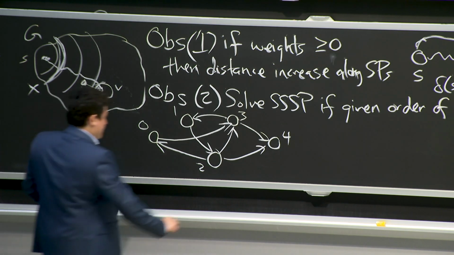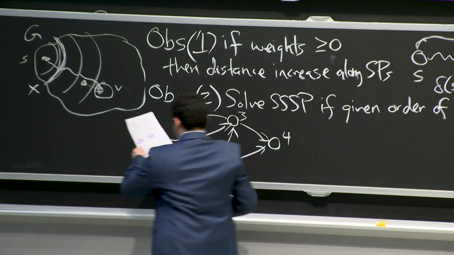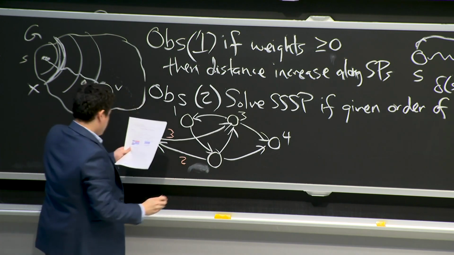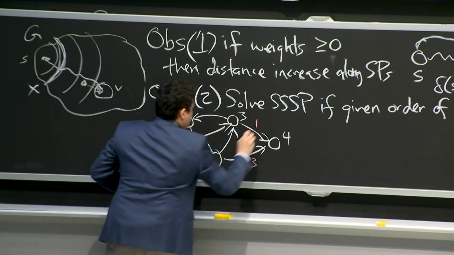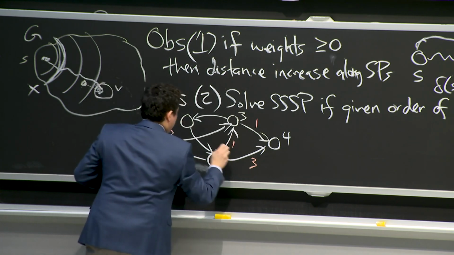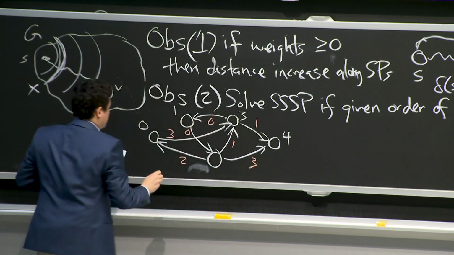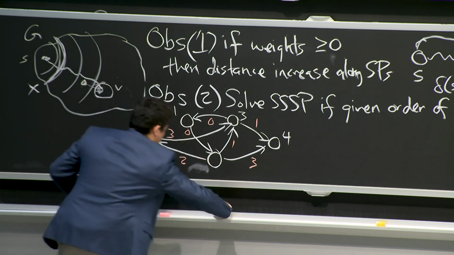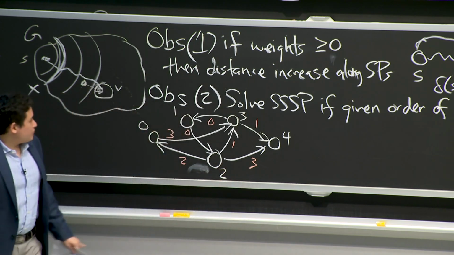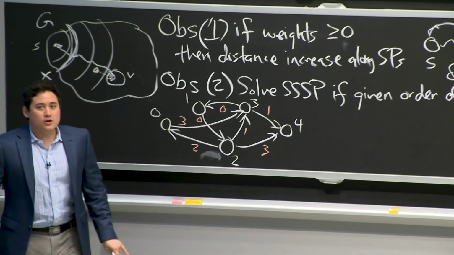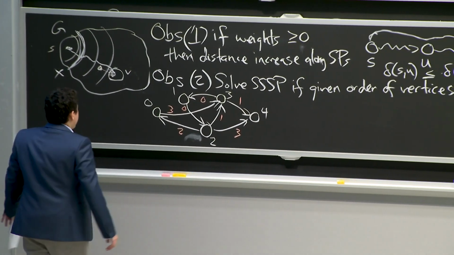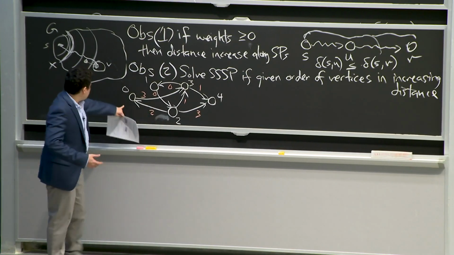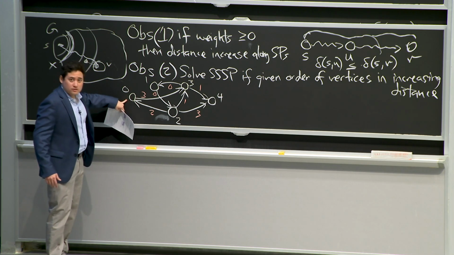Maybe I put some edge weights on here. I'm going to say this one is 3, this one is 2, this one is 3, this is 1, this is 1, this is 0, and this is 0. So from vertex 1 to 2, that edge is 0 weight. Okay, so here's a weighted graph. And I could use Bellman-Ford to find shortest paths from this vertex 0, right?